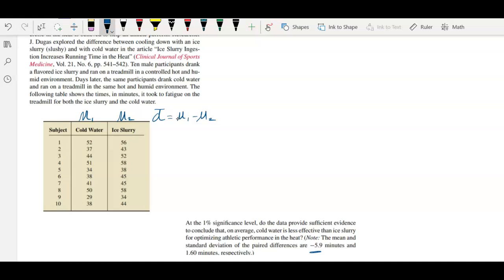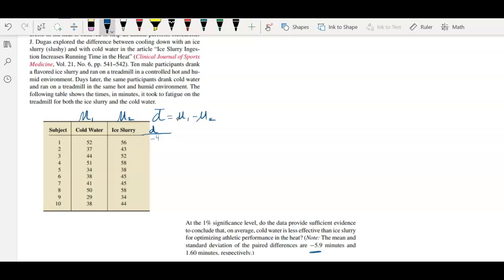On the exam, I will define which one is population 1 and which is population 2 to make it easier. So now, to find our set of differences, you have to do each one. For this first one, I would take 52 minus 56, I get negative 4.